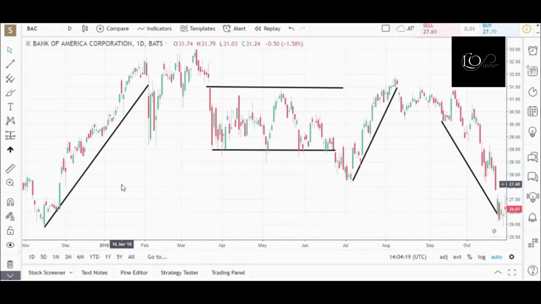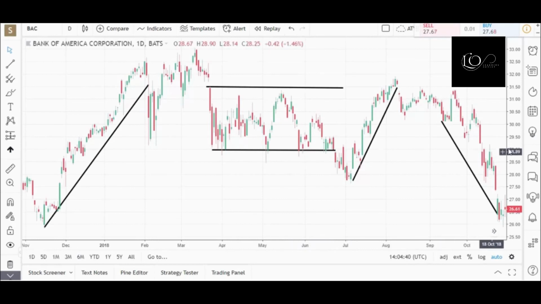So here we have a couple of different uptrends. At the beginning of the chart, we have an uptrend as the stock moves from $26 or so to around $32.50. A consolidation pattern as the stock moves from $31.50 to $29.